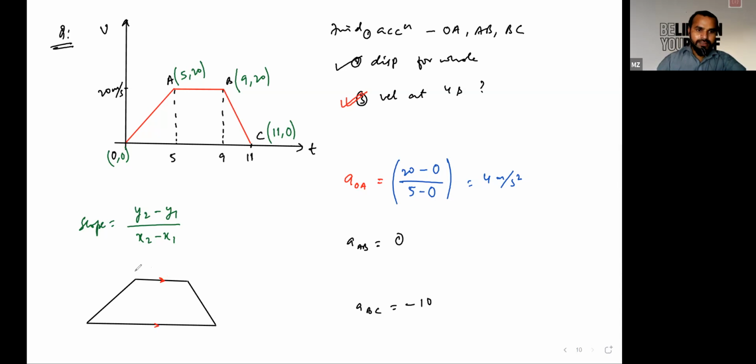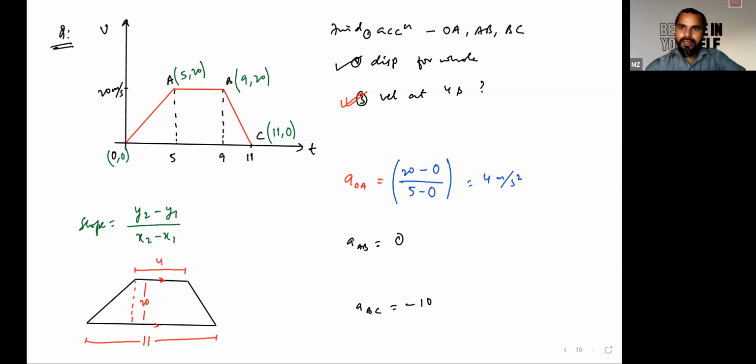This is of total length 4, and this is of total length 11. And the separation between these two lines is the perpendicular distance from this point to this point. It is nothing but just 20.